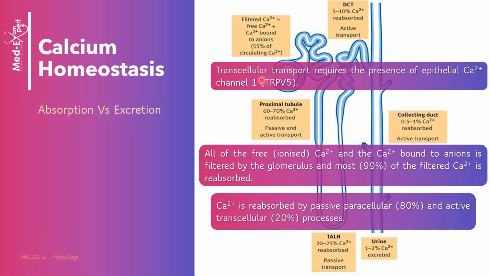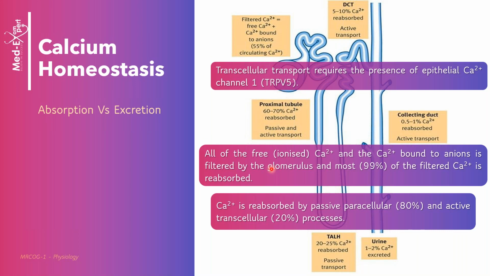And the transcellular or intracellular route requires the presence of an epithelial calcium channel, but this time it's called TRPV5, not 6, like the intestinal channel. The intestinal channel is called TRPV6, while the renal channel is called TRPV5.